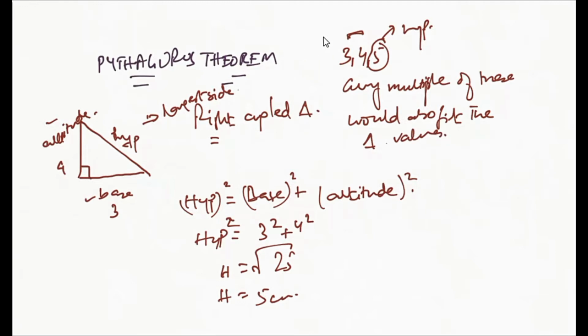For example, if I say that I am multiplying it by 2, then all of them are being multiplied by 2, and if I replace it, I write this is 6 and this is 8, then what would this value be? Because this is 3, this is 4, and it is being multiplied by 2, so the hypotenuse would be 10. So similarly, the other type would be like 6, 8, 10.